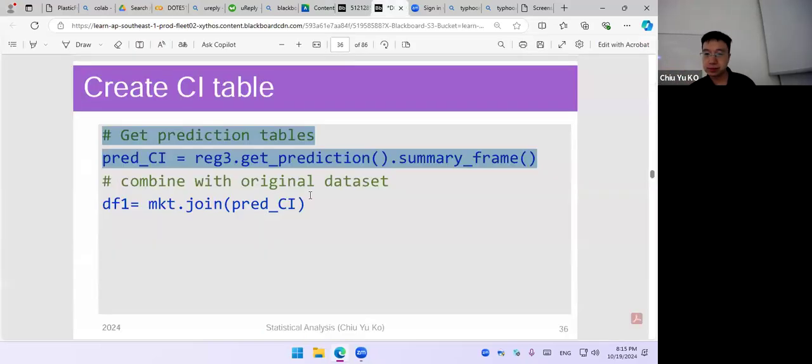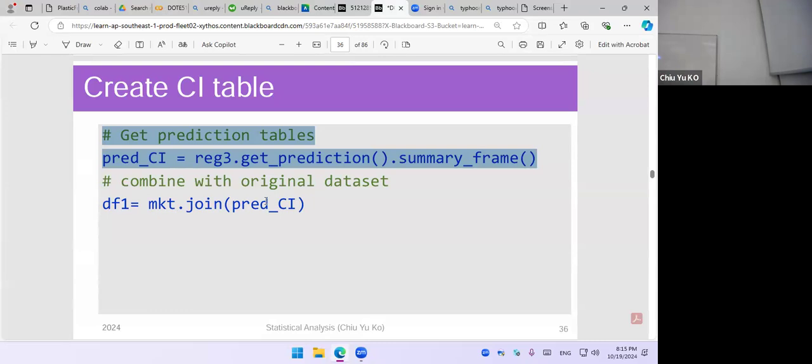So what we do is we combine that with our original data set with MKT. That means we attach a prediction to the original data. The predict_ci will be the data that contains all the prediction information, and I want to combine it with the original data.